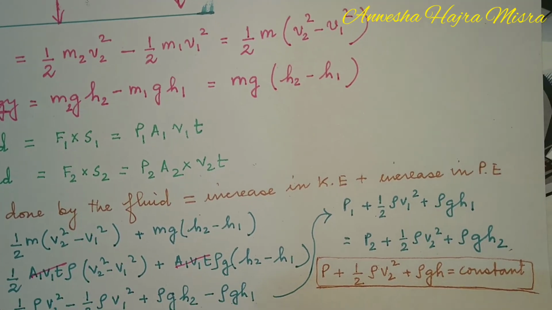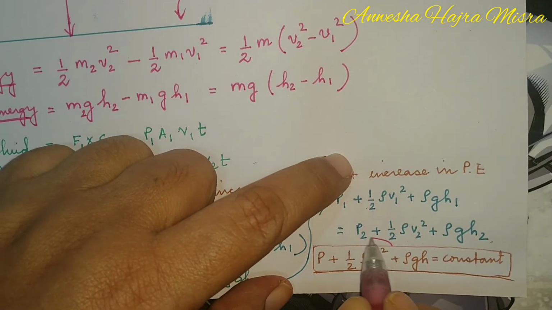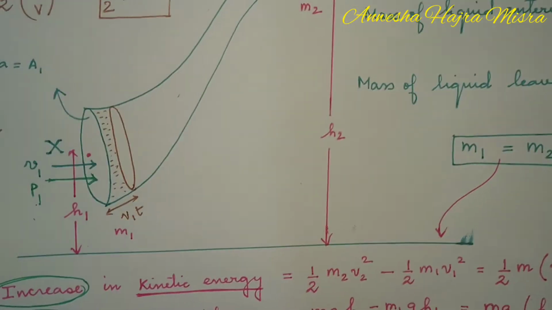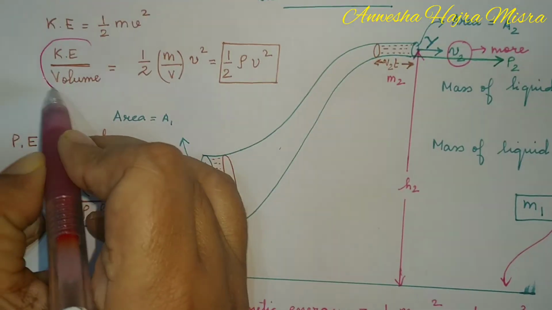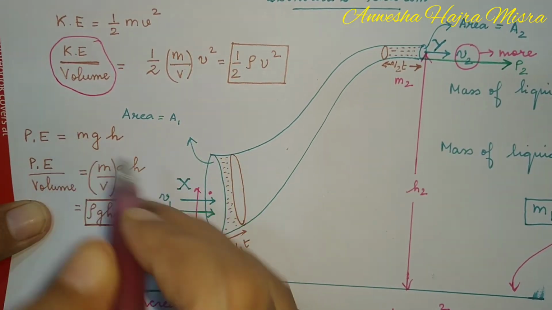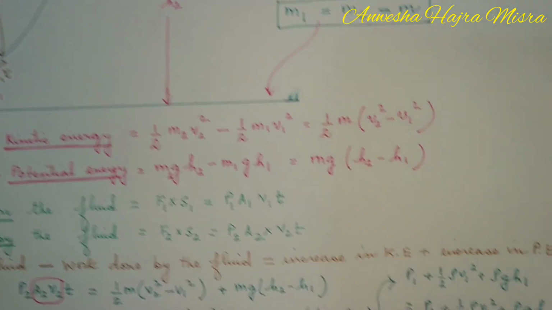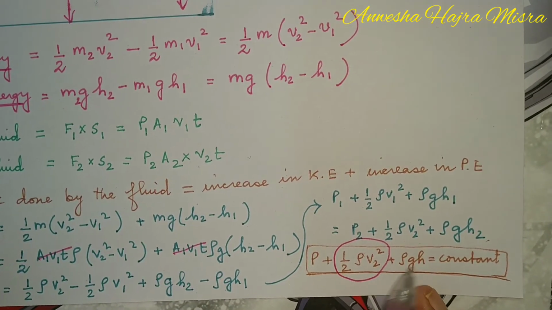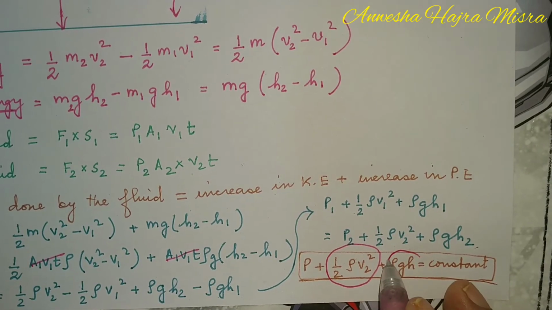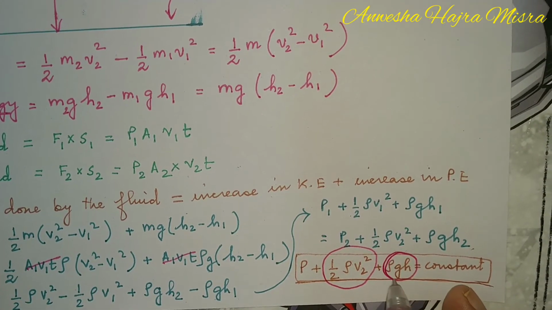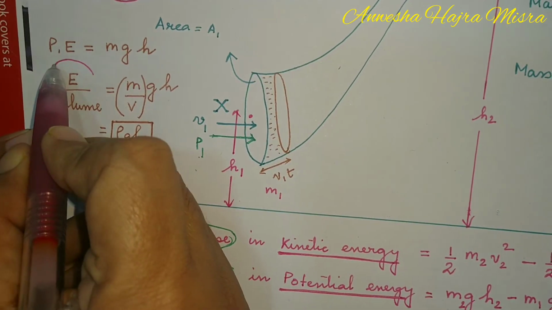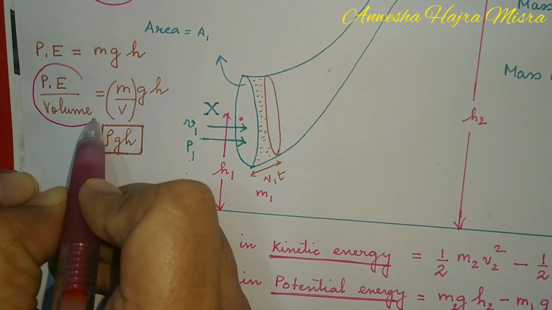Now what is this half rho V square? It is kinetic energy per unit volume. Now what is this rho GH? Rho GH is again potential energy per unit volume.